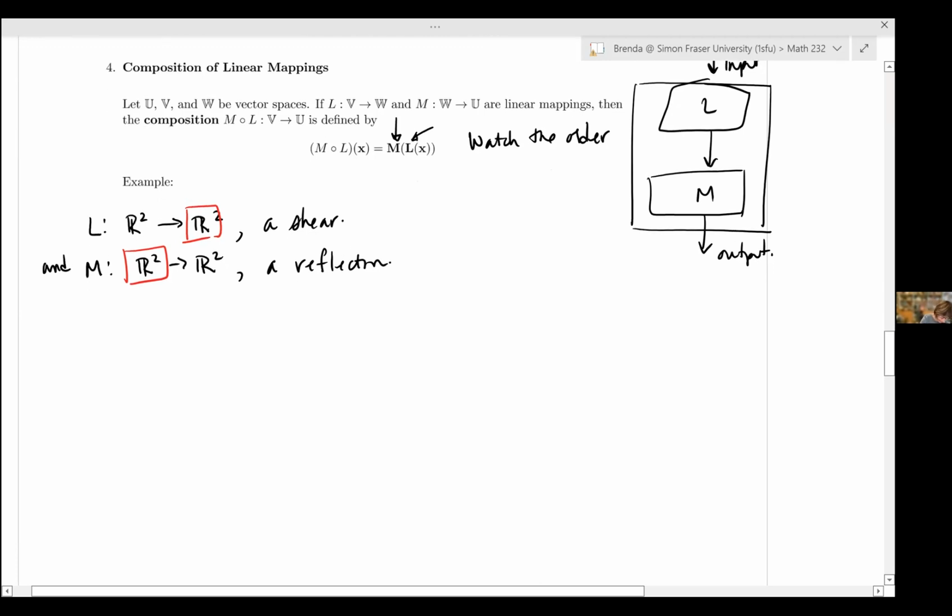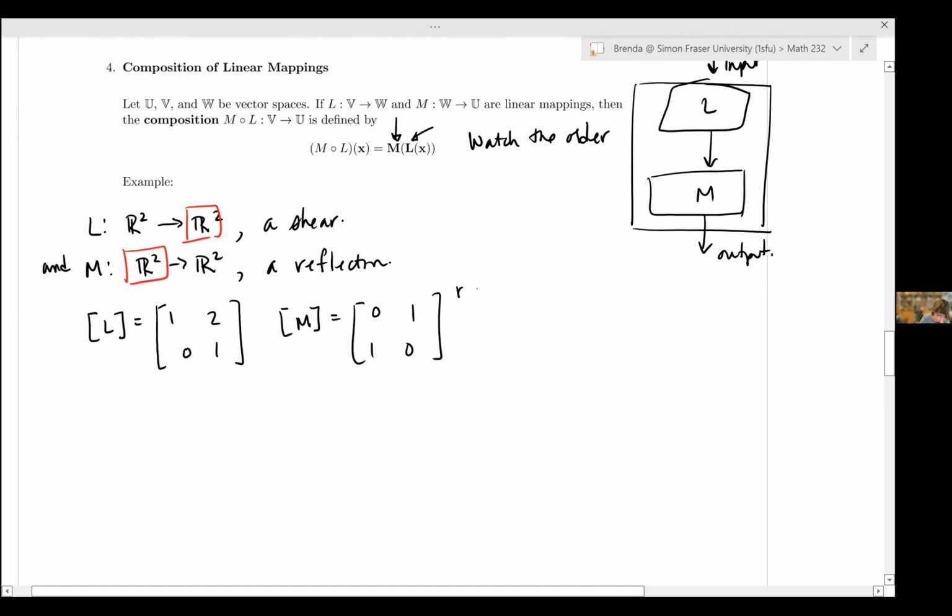So here's an example of a shear. I'm going to use this example for a shear. So the shear transformation is going to be like this. Okay, that's a shear. And then the reflection is going to be this guy here. This guy is a reflection across the y equals x line.